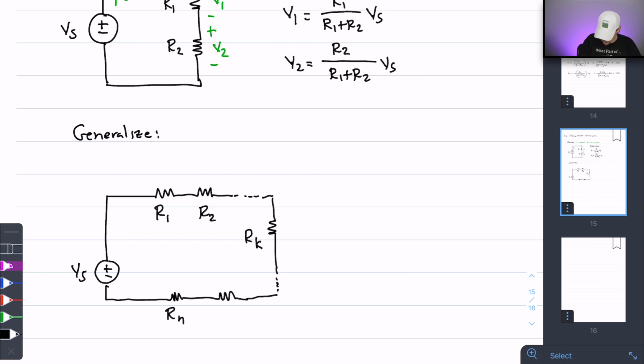Let's say that this is R sub n minus 1 and this is R sub n, like this. Now, each one of these resistors has a voltage that we can define across it. So across R1 we have a voltage V1, across R2 we have a voltage V2, across R sub k we have a voltage V sub k, and across R sub n minus 1 and R sub n we have voltages correspondingly V sub n minus 1 and V sub n.